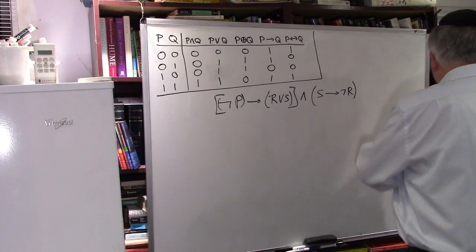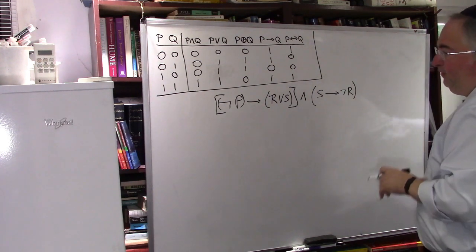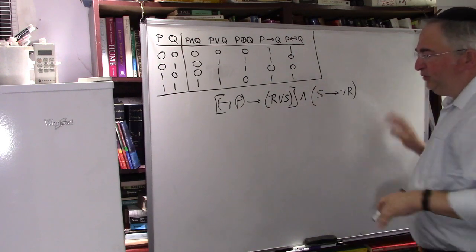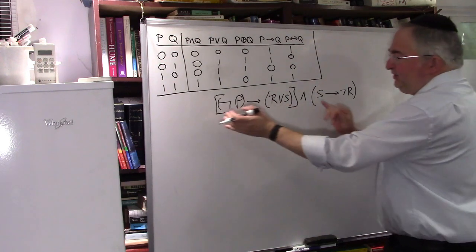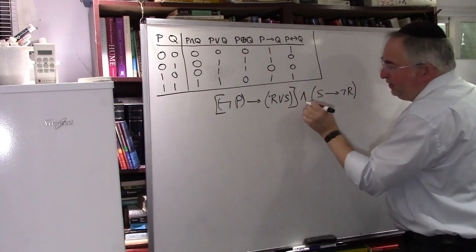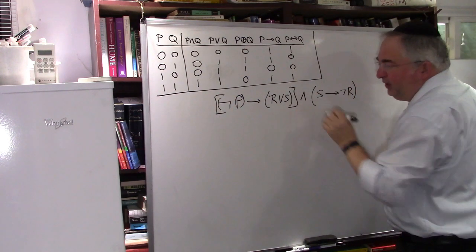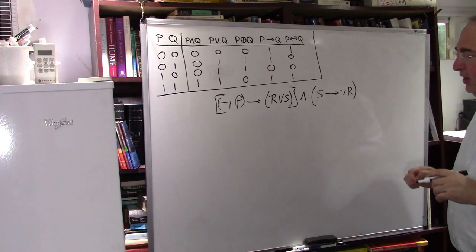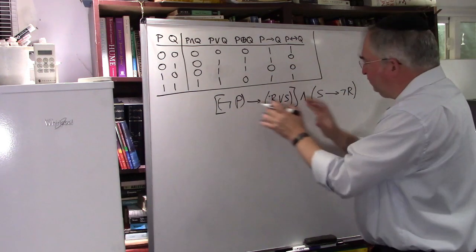Okay, so there are 3 variables, P, R, and S. Now, all this is in these brackets. So our final answer will be here, under this AND. That's going to be our final answer. And we can do this first.